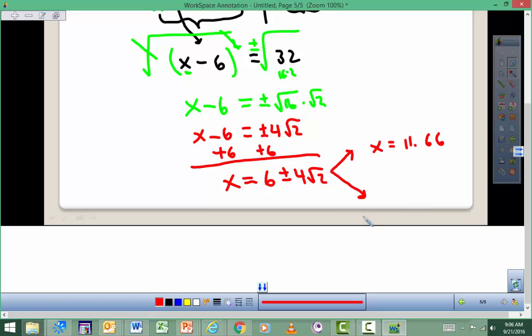Okay? And if I use the negative one now, if I subtract, then I get x is equal to, try it again here, 6 minus 4 square root 2. I'm just doing this in my calculator to find out what I get. And this time I get 0.34. So these are my two answers.